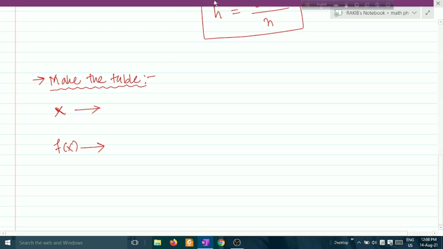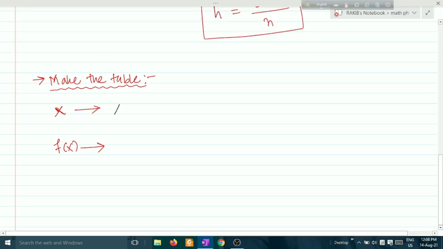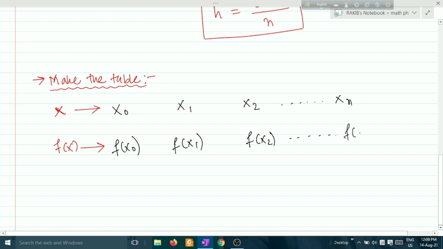If you write x0 here, the value of f(x0) will be here. If x1 here, the value of f(x1) will be here, and if x2, then f(x2), and so on. And if you put xn, then here will be the f(xn) term.